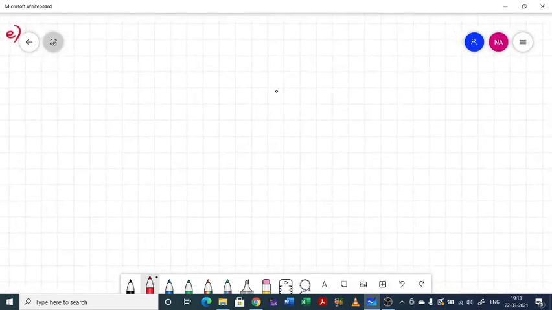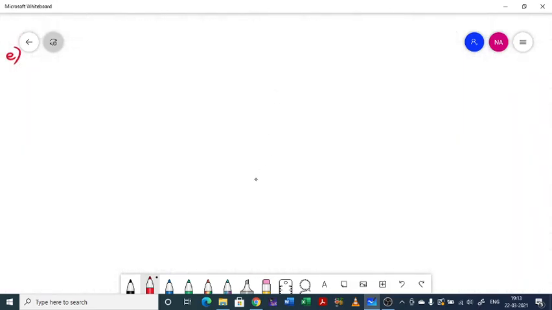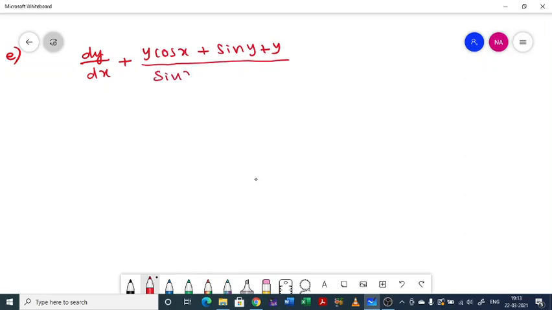Let us solve this. (y cos x plus sin y plus y) plus (sin x plus x cos y plus x) dy/dx equal to 0. Solution.